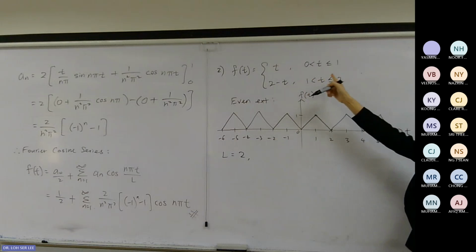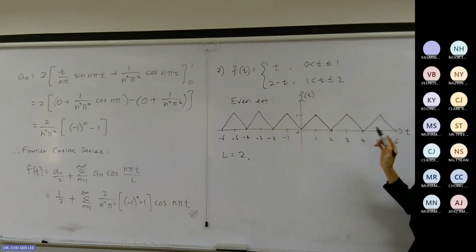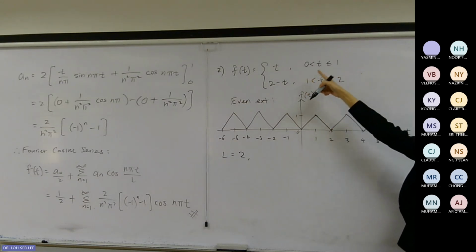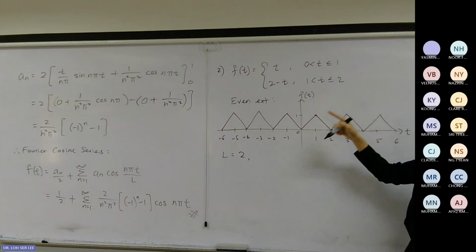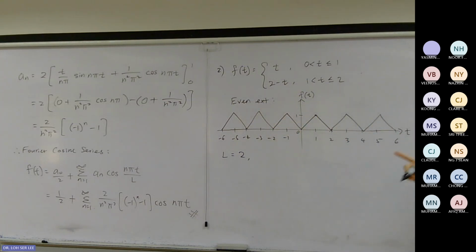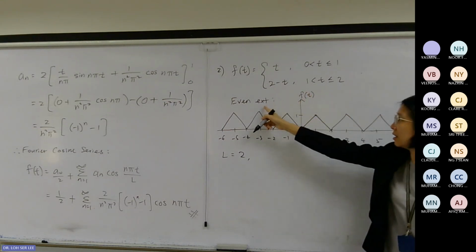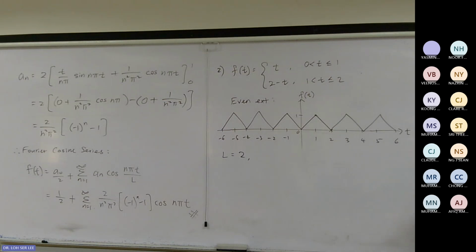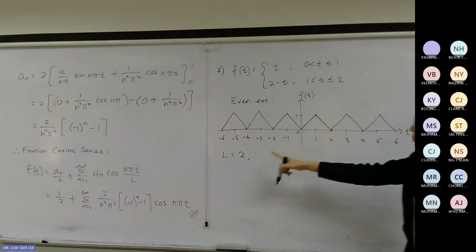Because only a function which is defined in half range can be given an extension. The one in full range, we don't need to do any extension. If you're asked to do the extension, that means the function is defined in half range. So up to 2, that means L is 2.